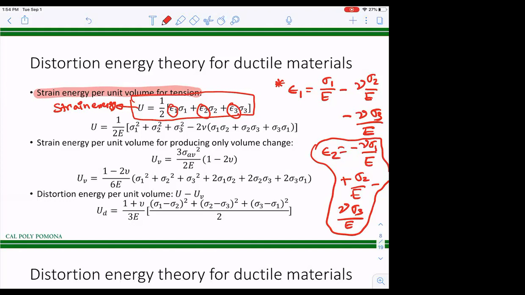If that is the case, this is the expression that you will get, where mu is your Poisson's ratio, E is your modulus of elasticity, and sigma 1, 2, 3 are the principal stresses. Do we understand this, people? I'm just showing you the derivation.